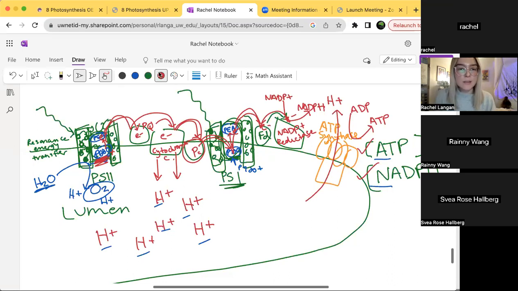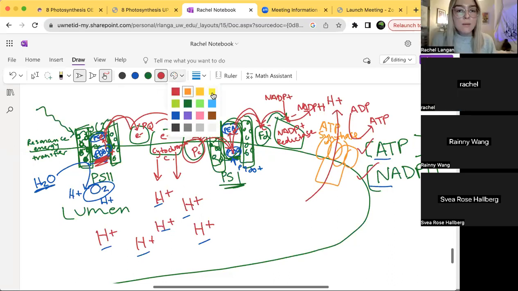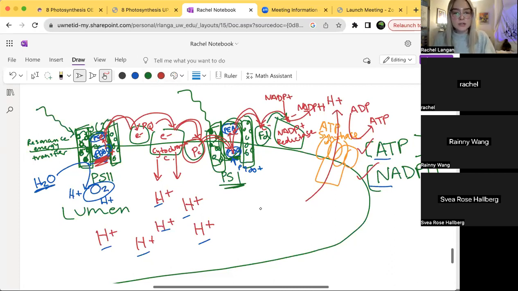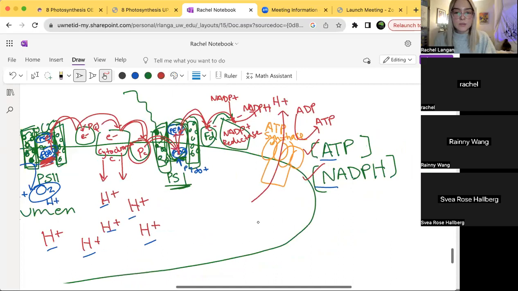Yeah, so let's talk about cyclic. Cyclic electron transfer is when we want to make ATP but not NADPH. Why would we want to do that? For the Calvin cycle, you need 18 ATPs. I think it's like 12 NADPH. It could be more.